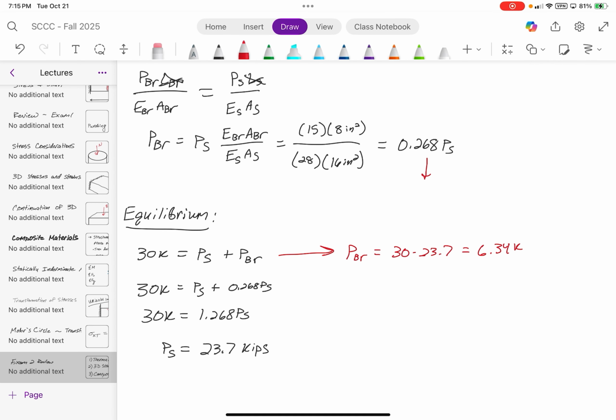Or if you use this, you will get that 0.268 times 23.7 is equal to 6.34 kips. So either way, the answer should be the same. Any questions about this? No?